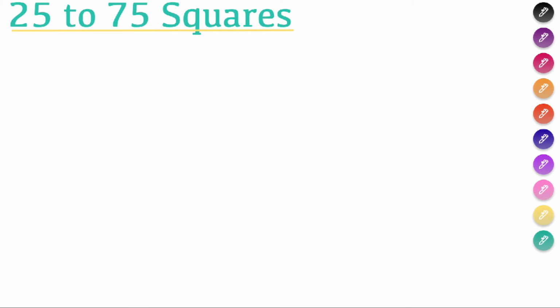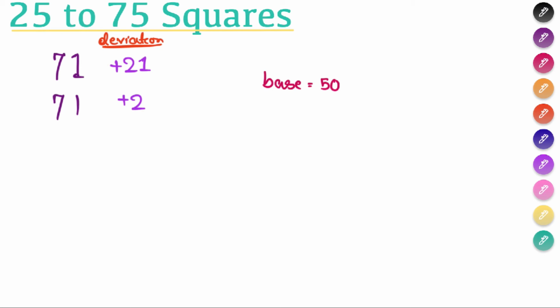Now let us take one more example. Let us take a number that is greater than 50. Suppose we take 71 square. So here also we'll take the base as 50, and the deviation in this case will be plus 21, and the deviation will be the same in both cases. 50 is actually equal to 1 by 2 into 100.